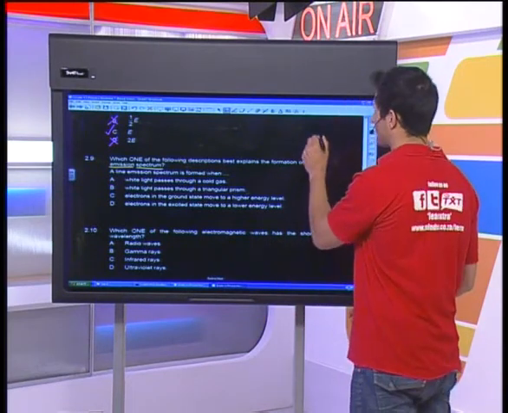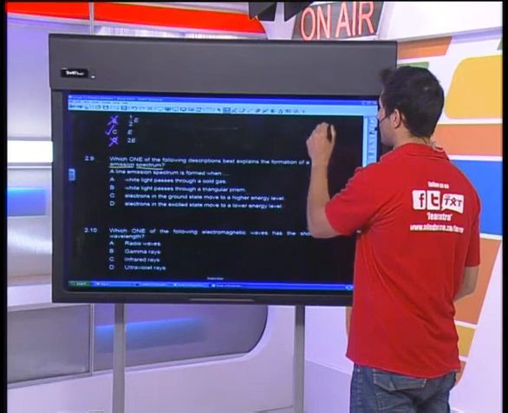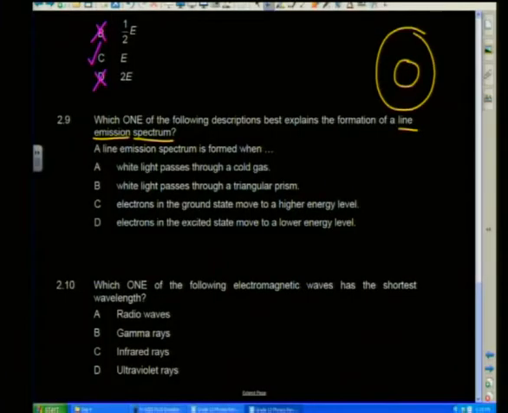So if I've got a nucleus over there, and I've got an electron which is orbiting, and it's got several orbits around it, what happens is an excited electron over there is going to drop down to a lower energy level, and that will give off a photon of light. So I've got to make sure that I understand what's going on. This is the process of emission.